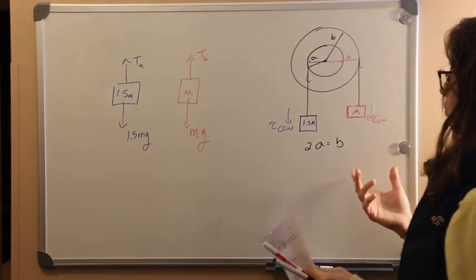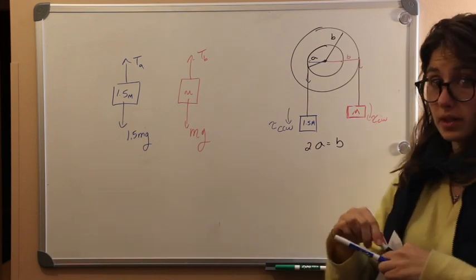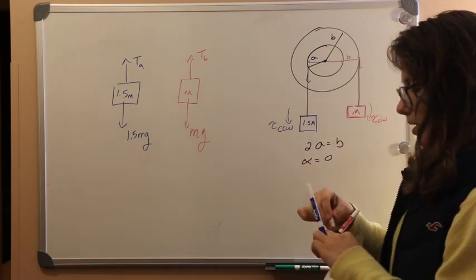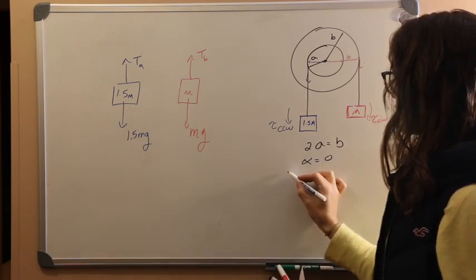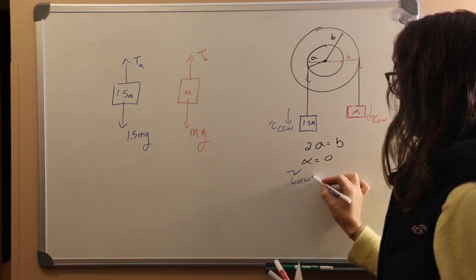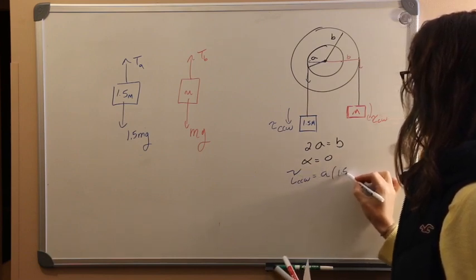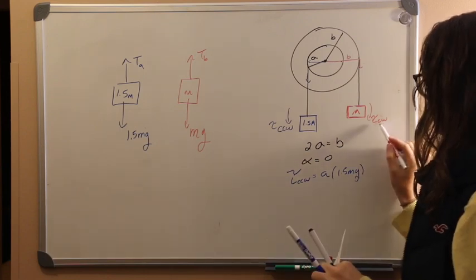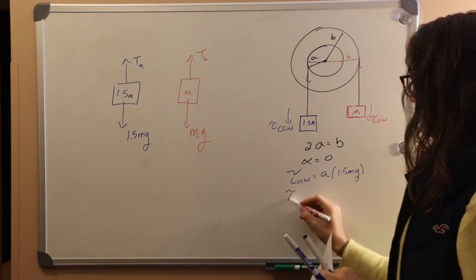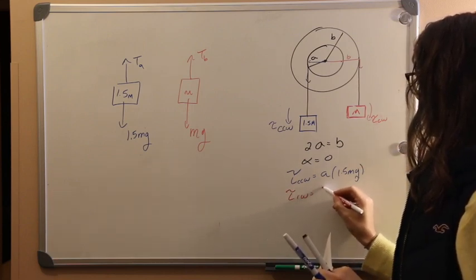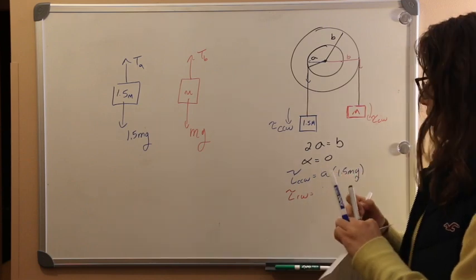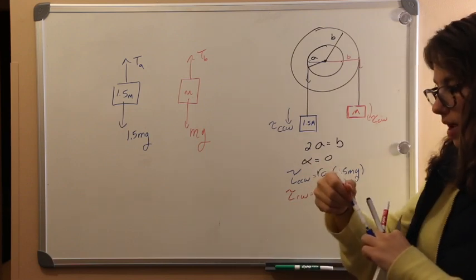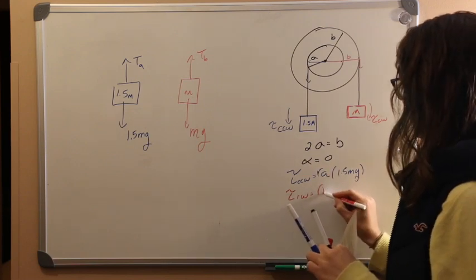We can look and imagine if there was no acceleration, so alpha equals 0. Then you could say that the torque from the counterclockwise would be the R value times 1.5 mg, R cross F. Well, the torque from the clockwise, which is red, I'm going to make this R subscript A. So the torque from the red will be R subscript B times mg.